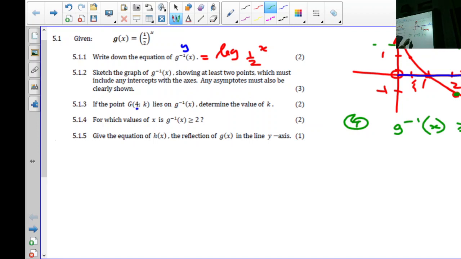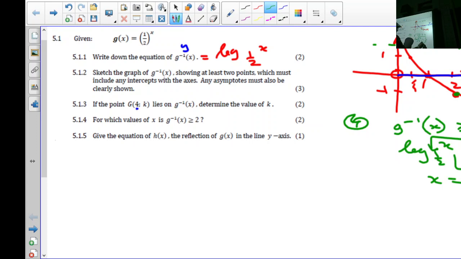So let's check the value at which x this actually happens. I think it's a quarter, but you don't guess. The inverse function is log x base a half equals 2. So we convert to exponential form.